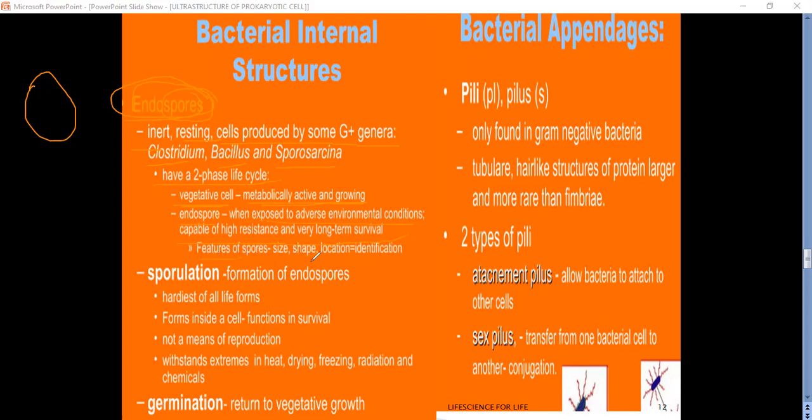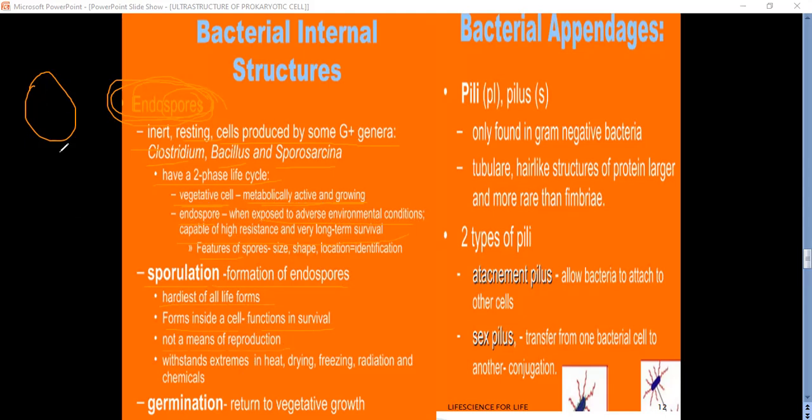Features of spores: size, shape, location, and identification. The process of formation of these endospores is called sporulation. Spores are the hardiest of all life forms and are very resistant. They form inside a cell and function in survival.